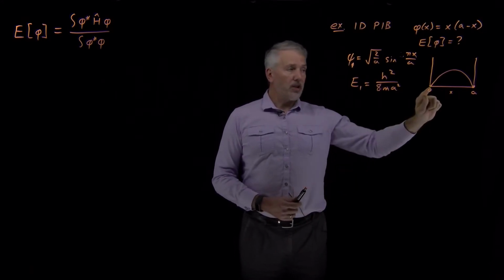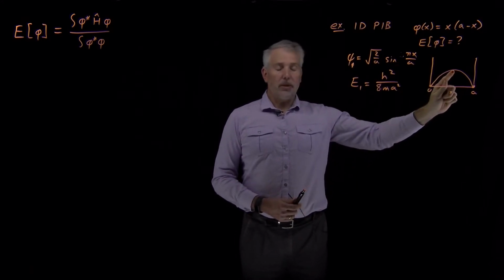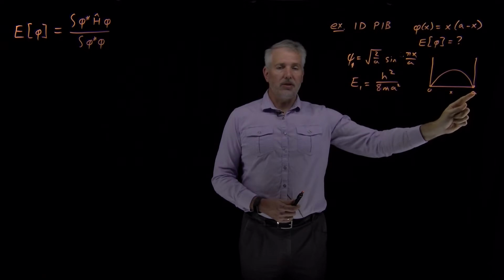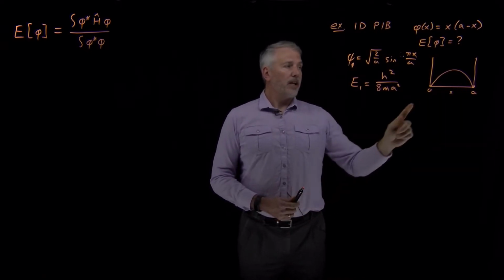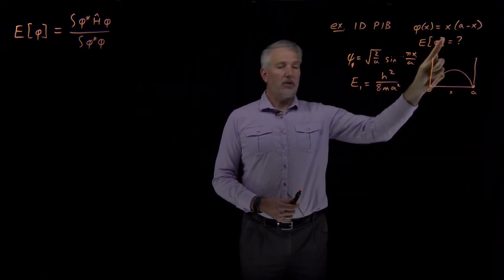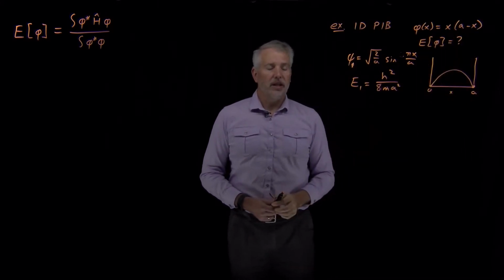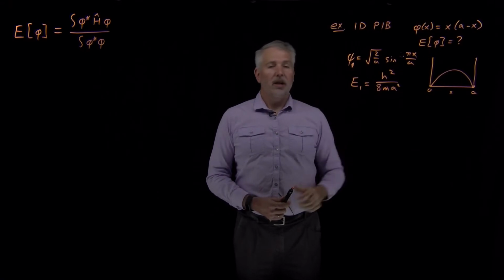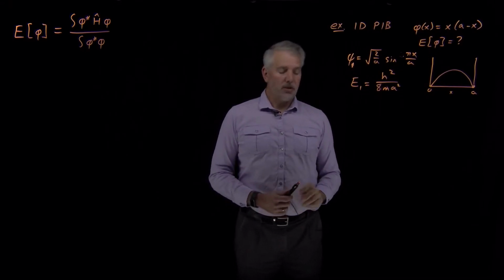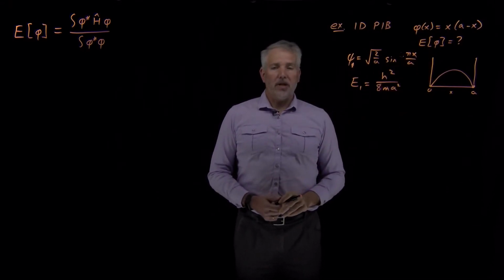A parabola that starts at 0, rises to a maximum in the middle of the box, and then decreases to 0 at the other edge of the box, has two zeros, a 0 at x equals 0 and a 0 at x equals a. So this function gives an expression for something that at least looks somewhat like the right solution. So let's see if we can figure out what the variational energy of that trial solution is.